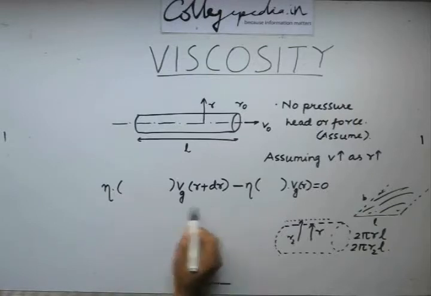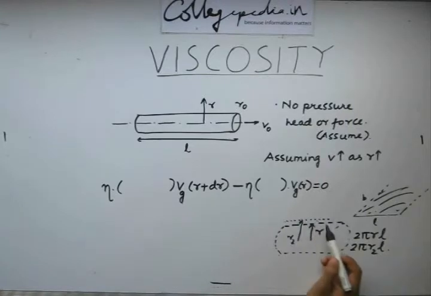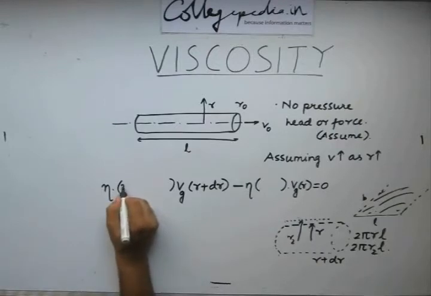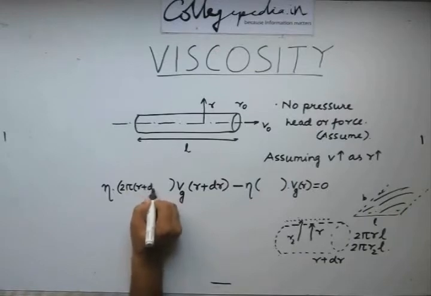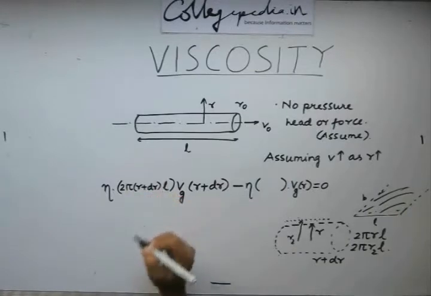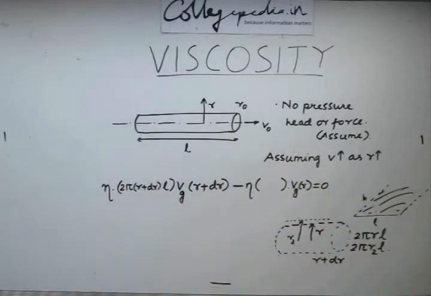This force is due to the existence of this fluid layer, so we will be considering the surface area of contact of this fluid layer. This fluid layer is at a radius of r plus dr from the center. So the surface area of contact will be 2 pi (r plus dr) times L, L being the length of the solid cylinder which is flowing through the pipe.